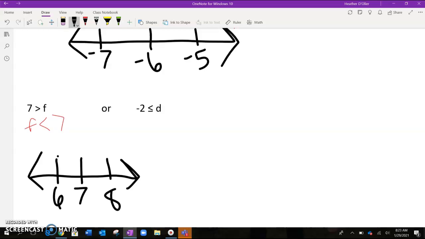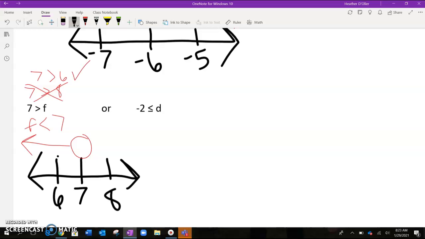When we read this first one, 7 is greater than f, we immediately want to start going to 8. But since 7 is greater than f, f is less than 7. You can rewrite them or you could substitute in values like I did to try to check it. So like checking, is 7 greater than 8? Nope. Is 7 greater than 6? Yes. You can do that to help you.